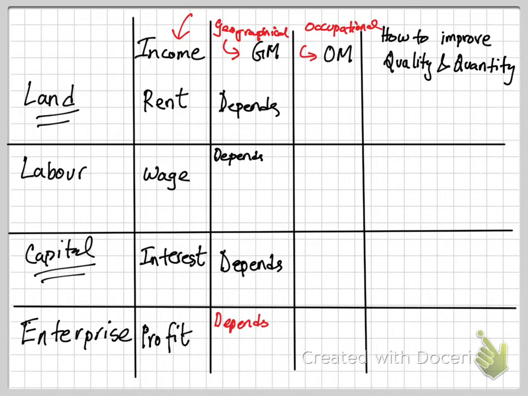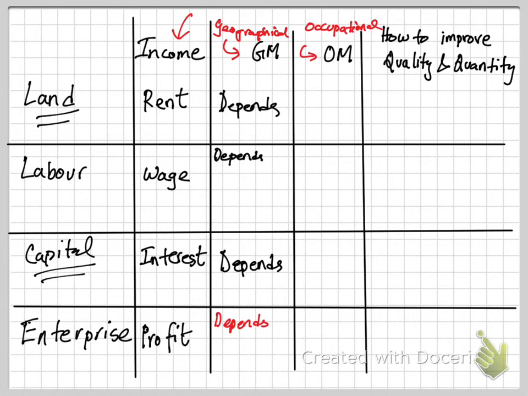Occupational mobility essentially means how many different types of products you can produce by using that factor of production. For example, if you're talking about land, what can you produce by using chicken? Nothing apart from probably food, right? You can only eat the chicken. But if you talk about trees, how occupationally mobile are trees?